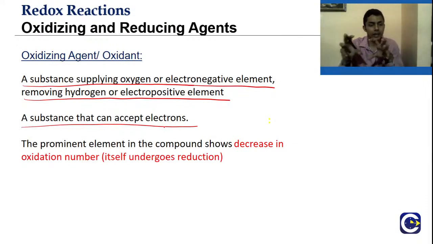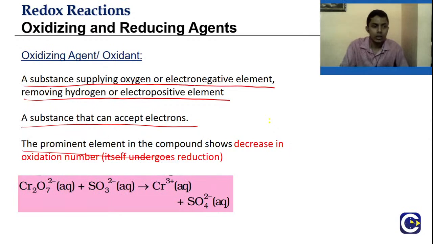It basically removes electropositive element and supplies electronegative element. The prominent element in the compound shows a decrease in oxidation number. That means the compound itself which acts as oxidizing agent undergoes reduction, to put it in simple words.